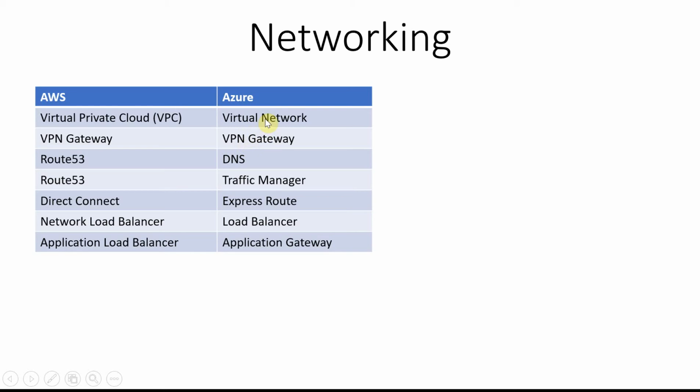Let's say once you've created a virtual network, there's a requirement where you want to transfer your data from on-premise to cloud. So there will be some networking requirements for on-premise and the cloud to talk to each other, right? There the VPN plays a major role. The VPN gateway is primarily meant for that. The name is the same on both sides.